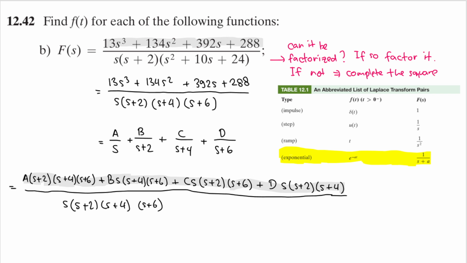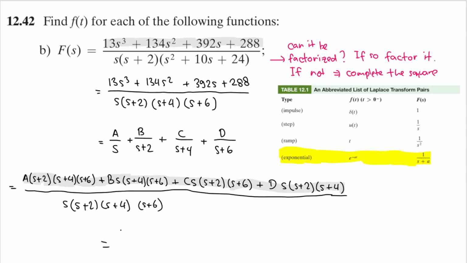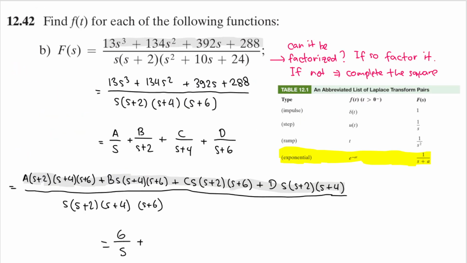Okay, therefore we can rewrite this as this one, right? This one, what is a? A is 6, so we'll have 6 over s. And then plus, what is b? B is 2, so we will have 2 over s plus 2. And then c, what is c?